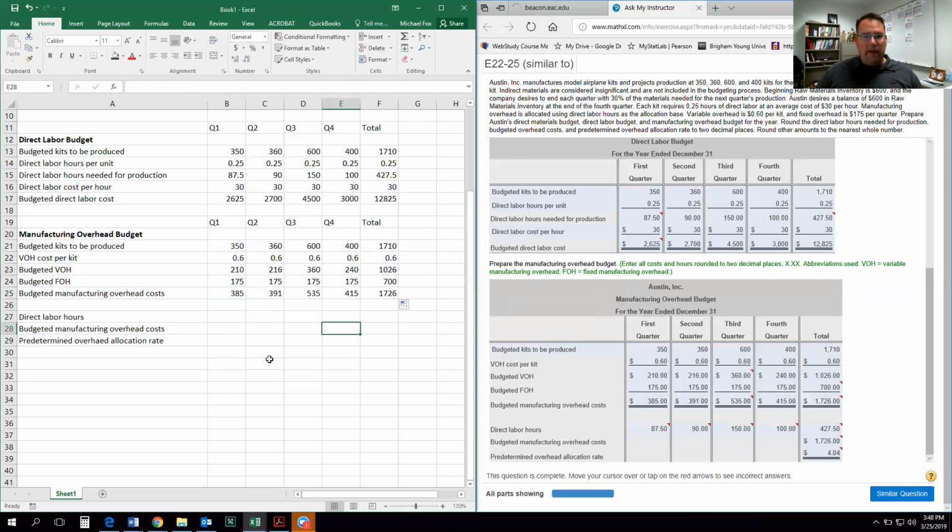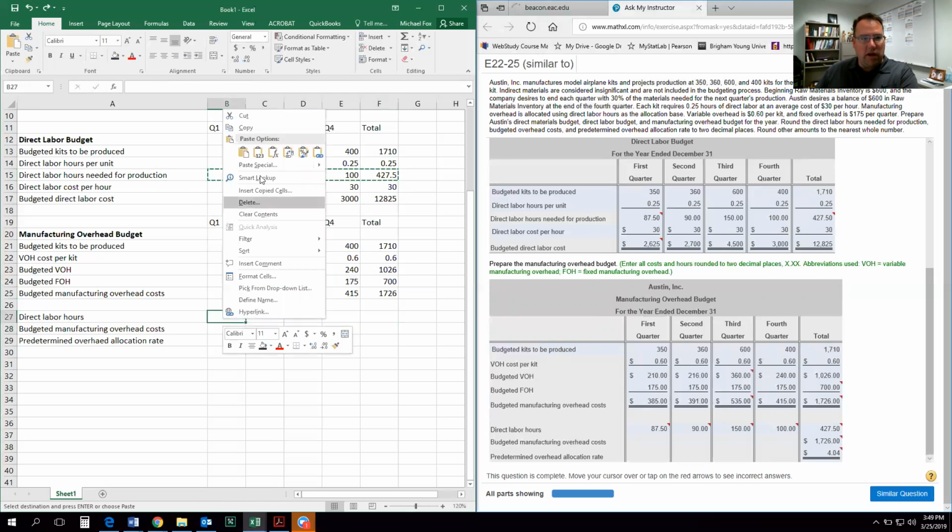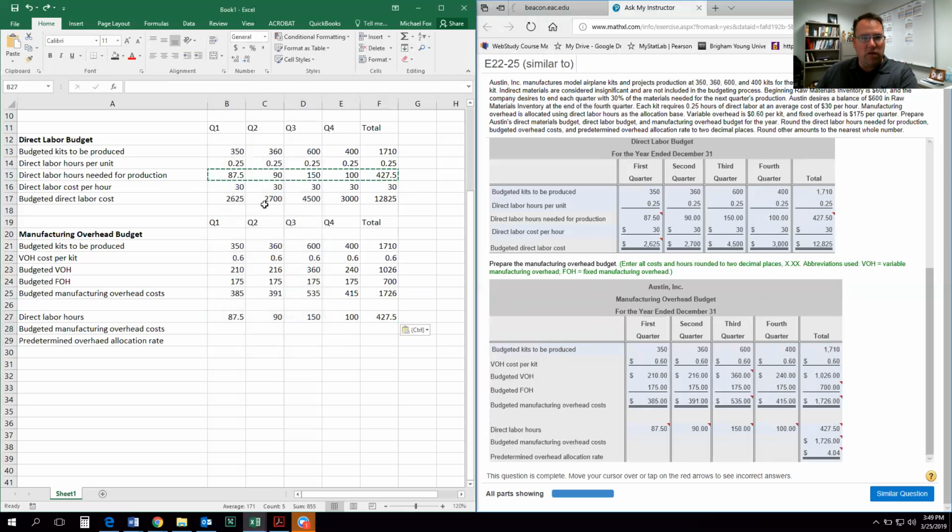So then our budgeted manufacturing overhead costs will equal our budgeted variable overhead plus our budgeted fixed overhead. There we go. So then to figure out our predetermined overhead rate, we just take our direct labor hours, which we had right up here. So I'm just going to copy these and paste them right here. Whoops. Since it's calculated, I'll have to copy them. Then I'll have to do a paste special that will allow me just to paste the values.